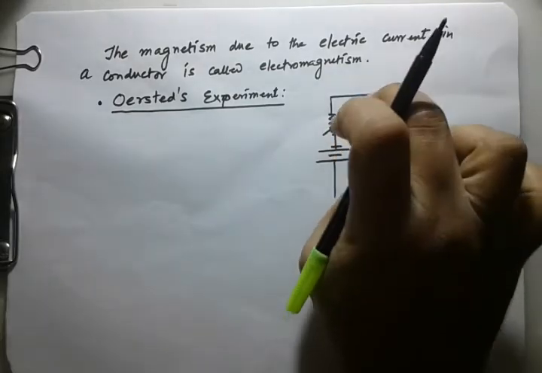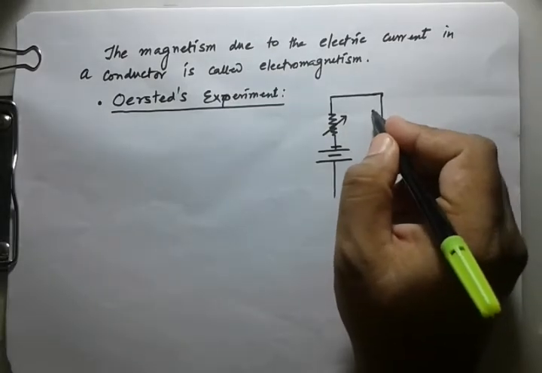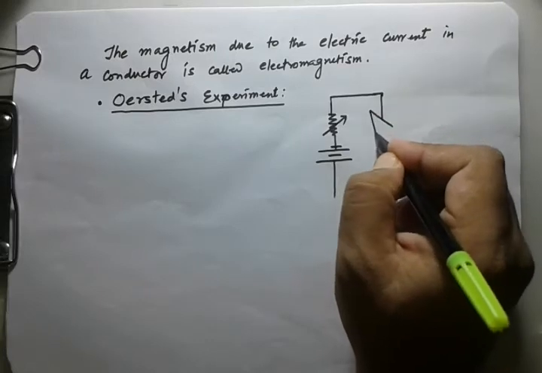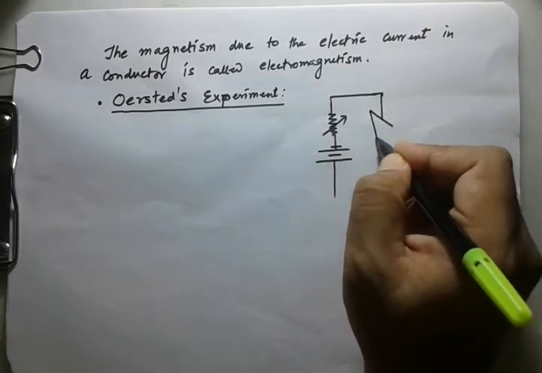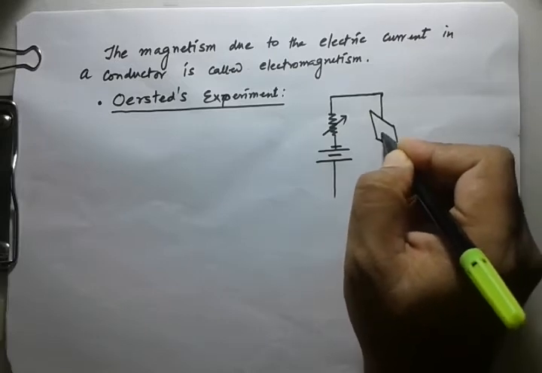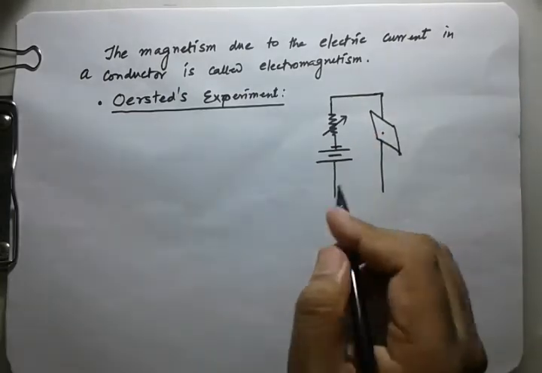The compass is on the wire. So the wire is going under the compass.